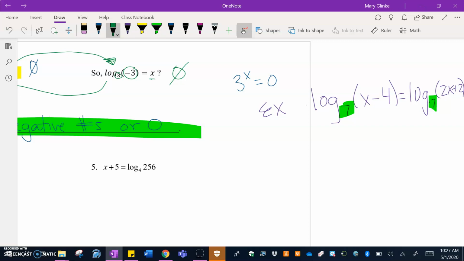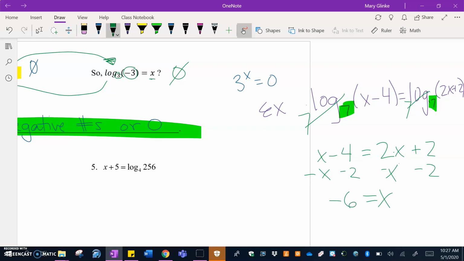We're going to exponentiate using a base of 7. It's going to undo the logarithm on the left and give us x minus 4. It's going to undo the logarithm on the right as well and get us 2x plus 2. When we move the x to the other side and the 2 to the other side, we get an answer of x equals negative 6.